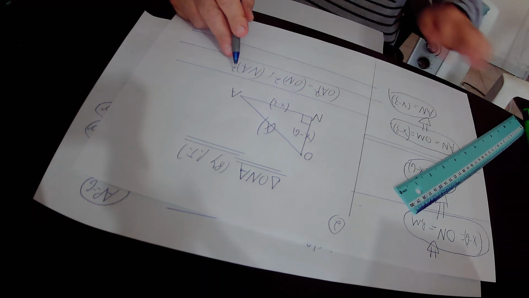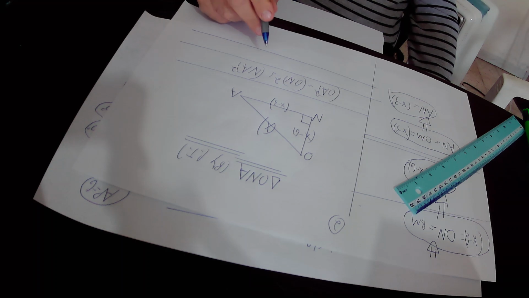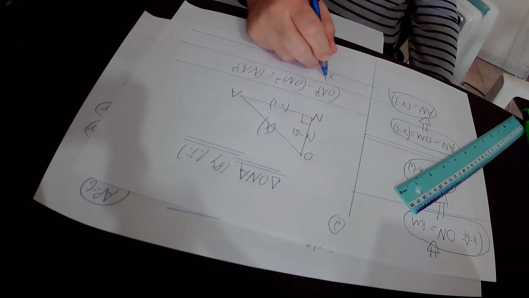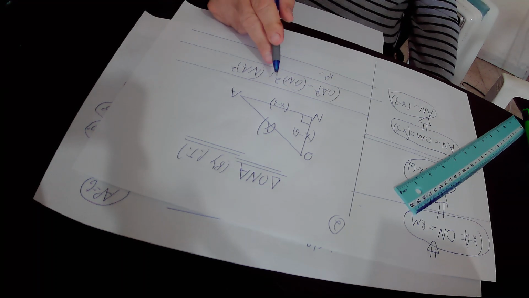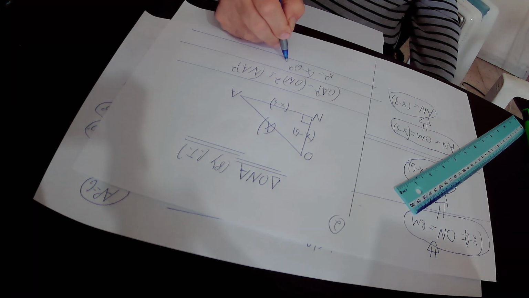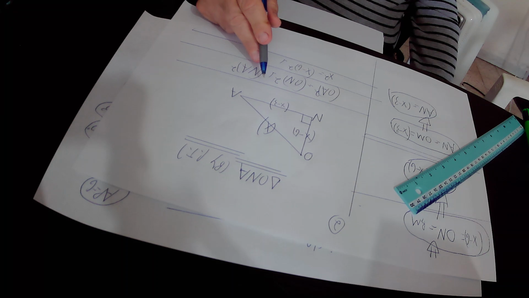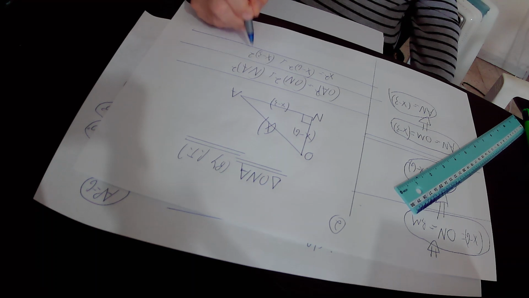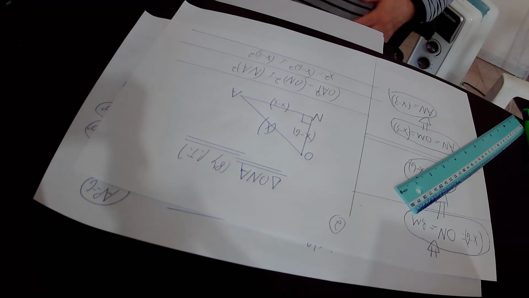So here OA is x, therefore OA squared is x squared, and it is equal to ON squared. ON is x minus 6, therefore ON squared is (x minus 6) squared, plus NA squared. NA is x minus 3, therefore NA squared is (x minus 3) squared. So in conclusion, we found out that x squared equals (x minus 6) squared plus (x minus 3) squared.